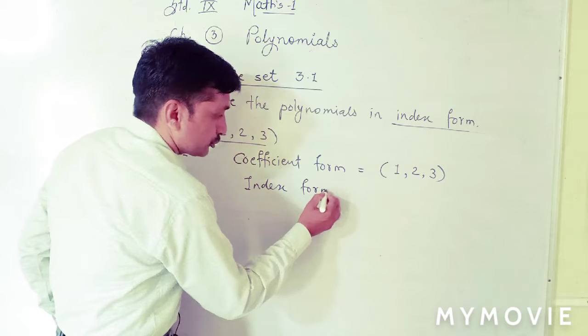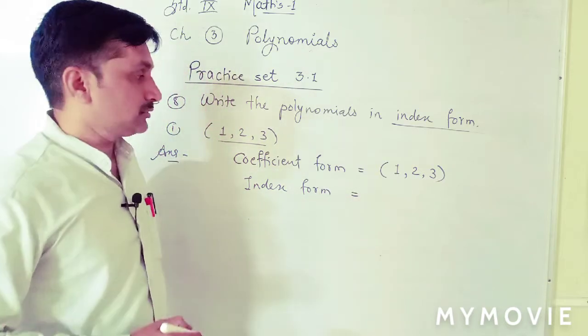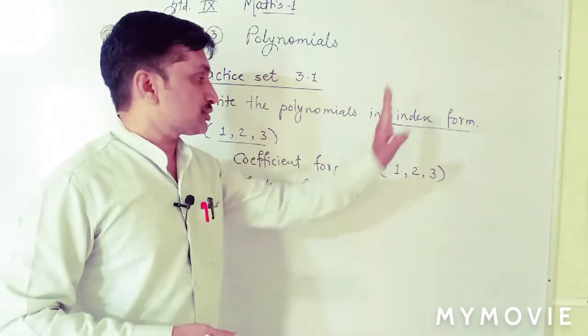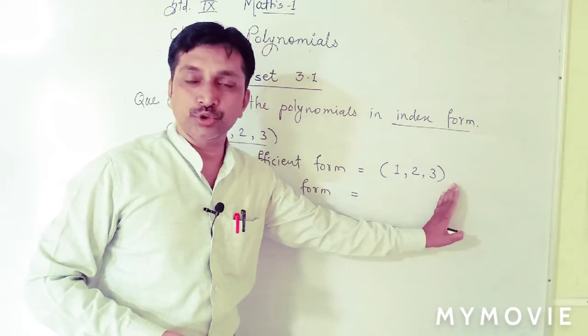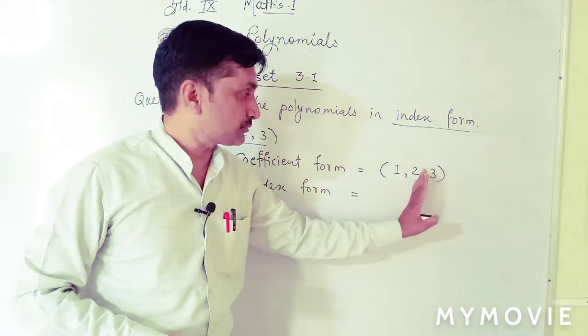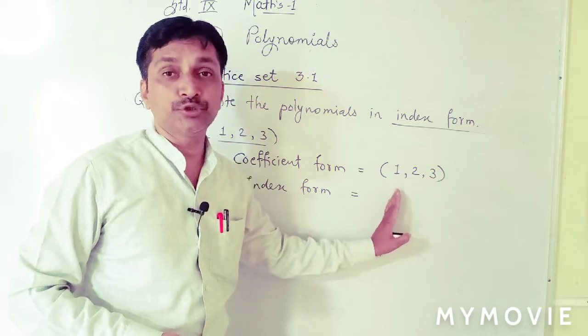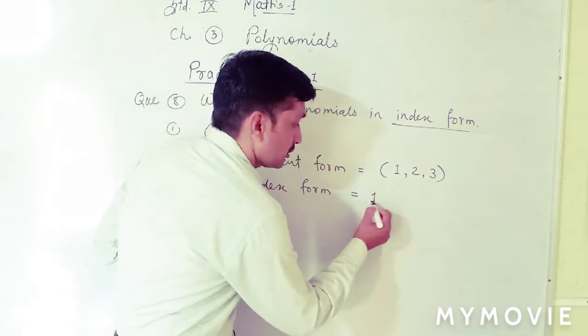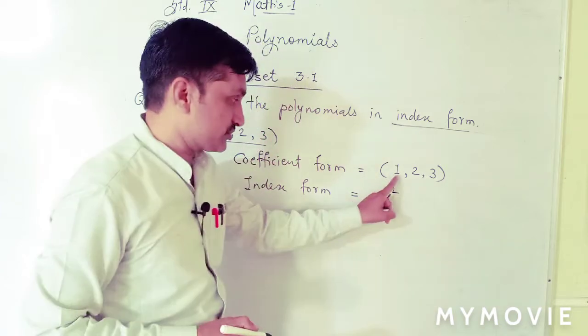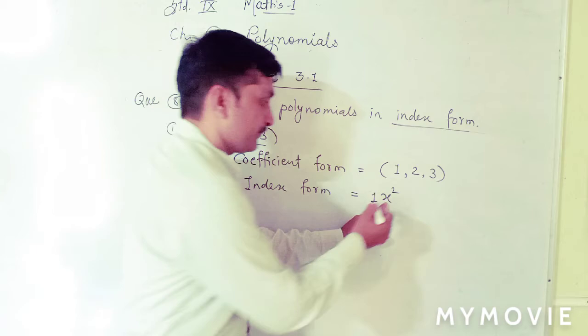Index form, and for that use variable x. Now for the power, you start from the rightmost side. Here power 0, here power 1, and here power 2. Power 2 means x square. 1x square, coefficient 1.